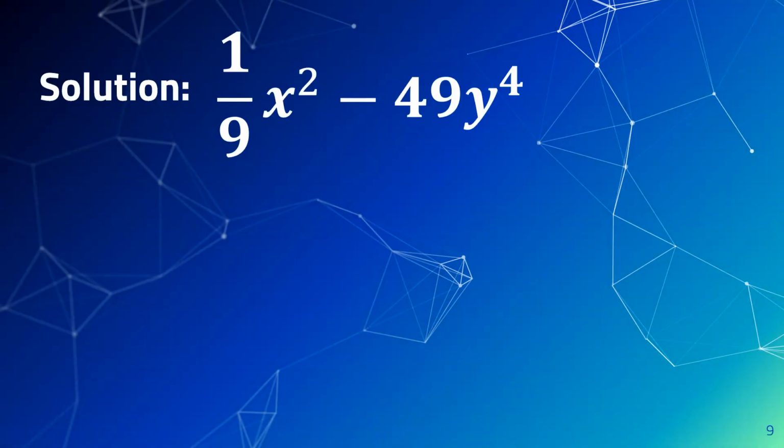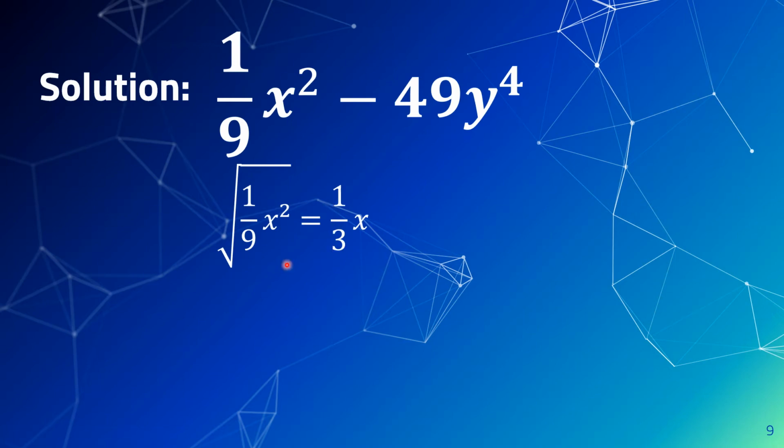The solution for the factored form of 1 over 9x squared minus 49y raised to 4: get the square root of 1 over 9x squared. The square root of 1 is 1, the square root of 9 is 3, and the square root of x squared is x. Therefore, the square root of 1 over 9x squared is 1/3 x.